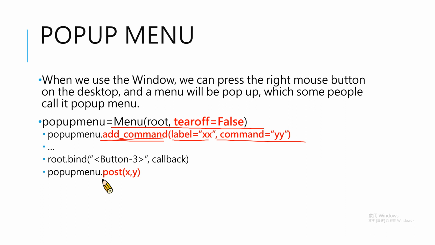So we use post, and the x, y should be the coordinate of the right mouse click. That finishes it. And tearoff must be set to false because it is a fixed menu.